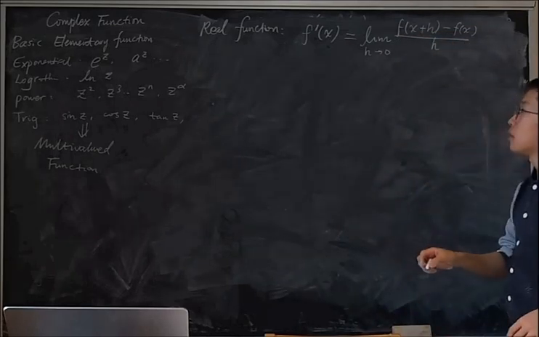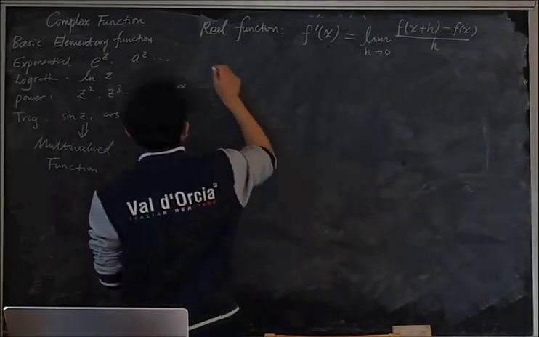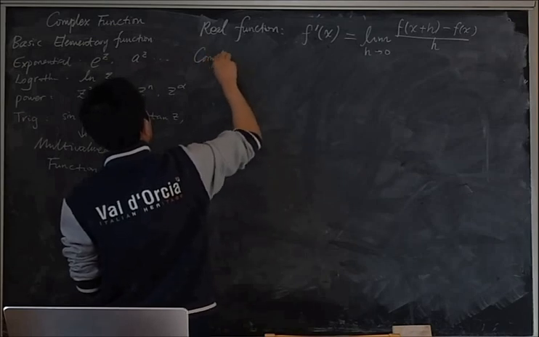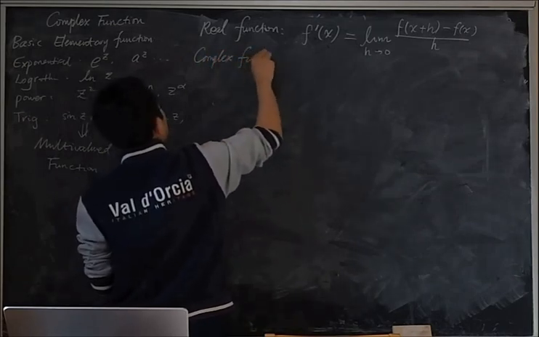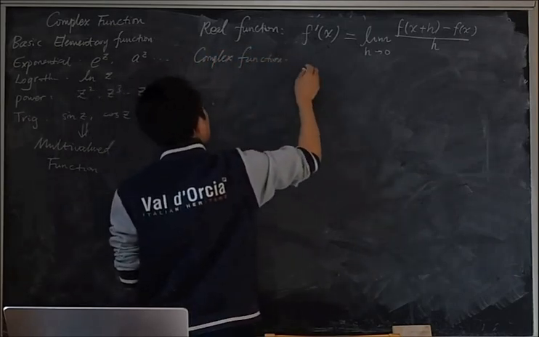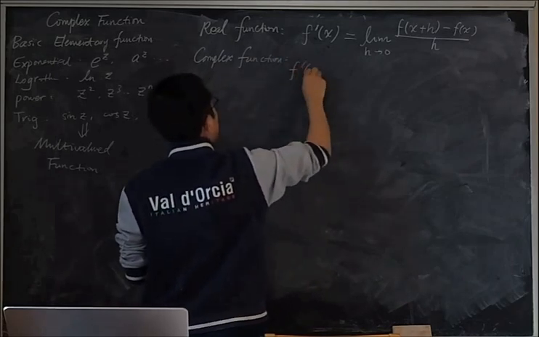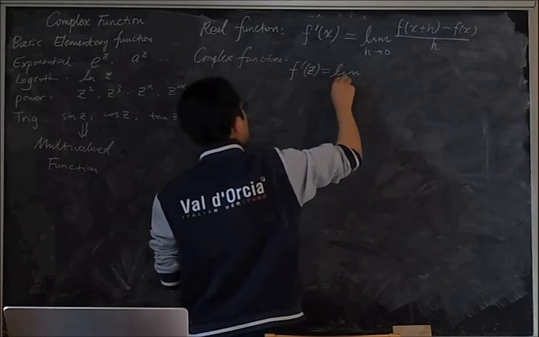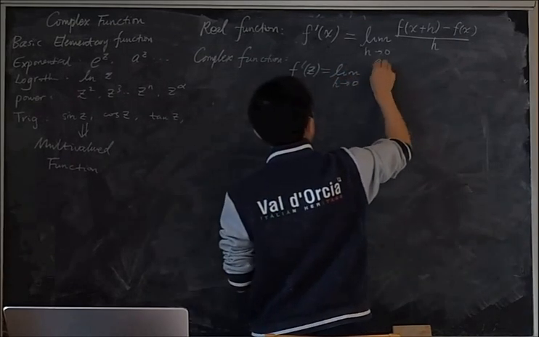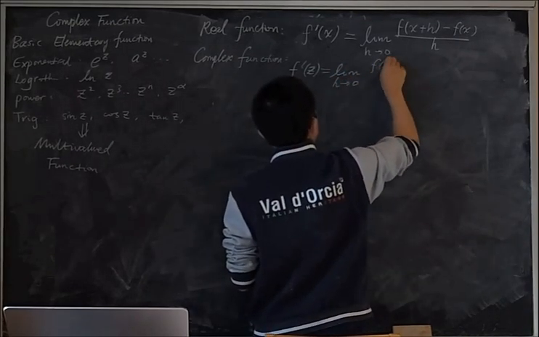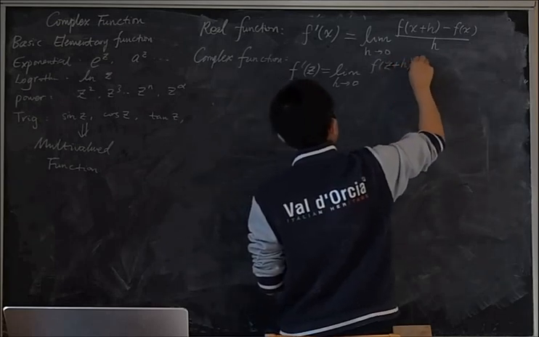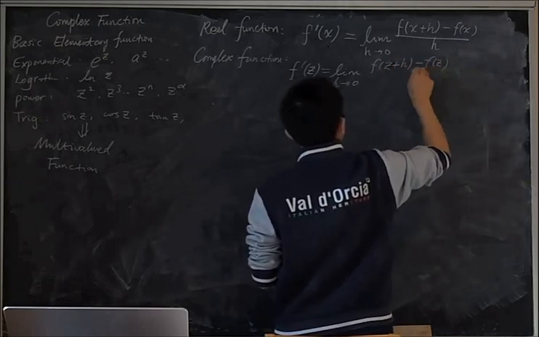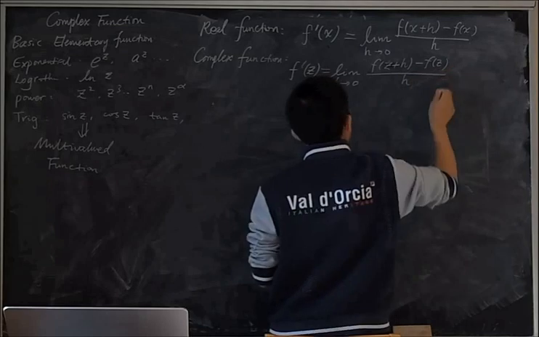For complex functions, formally the definition is still the same. I would write f prime at z is the limit as h goes to 0 of f of z plus h minus f of z, divided by h.